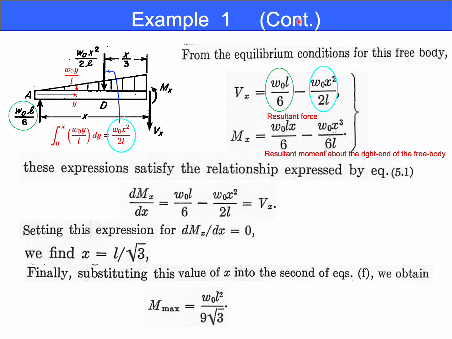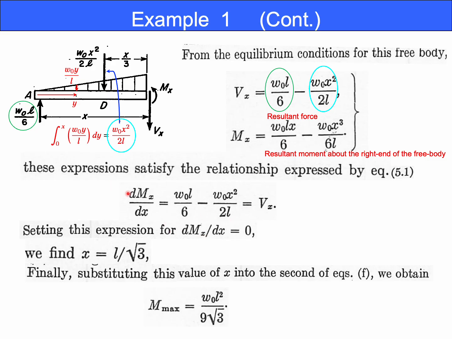To find the point at which the moment becomes maximum, let's differentiate Mx with respect to x. You obtain this, and just like before, this is exactly the same as the shear force distribution.